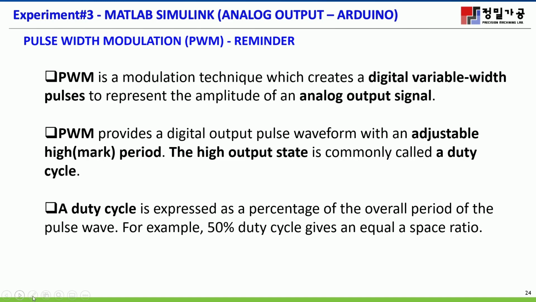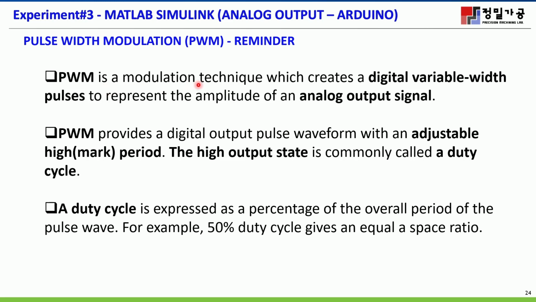All right, for the next experiment, we do pulse width modulation. As a reminder, we already learned this in the previous lecture in Arduino IDE, but in this case, we study using Matlab Simulink. So what is pulse width modulation?